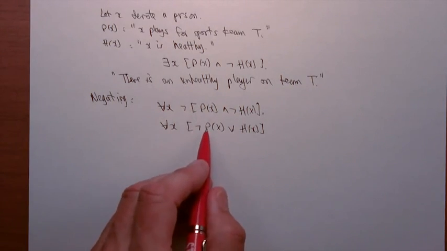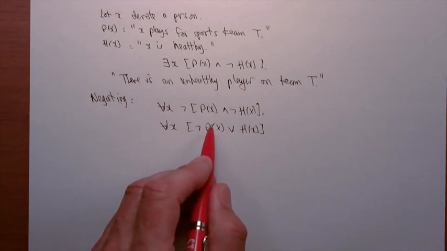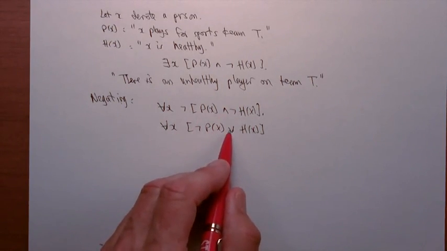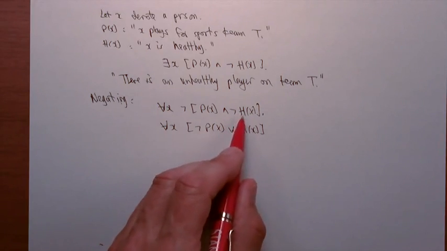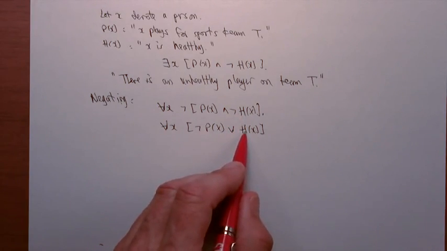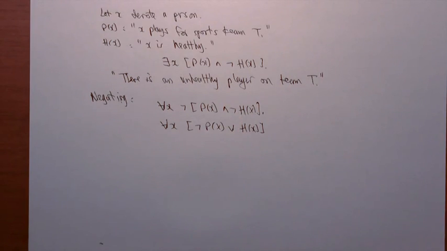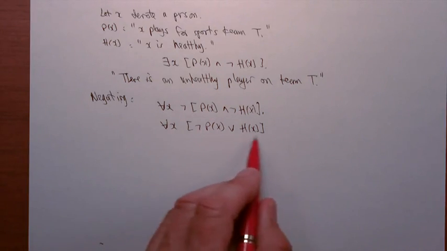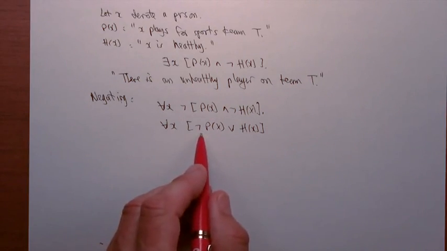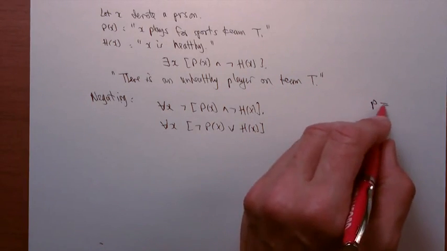So the negation moves inside. We get p of x becomes not p of x. When we negate a conjunction, we get a disjunction. And when we double negate something, we get the original thing back. Remember, this is not the way I'm recommending you do it. I'm doing this as an illustration of the underlying logic. Well, this thing looks familiar. Remember when we looked at the conditional?